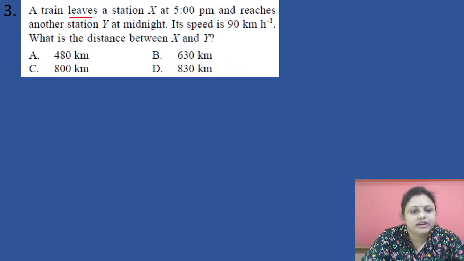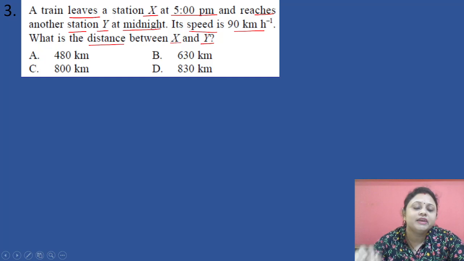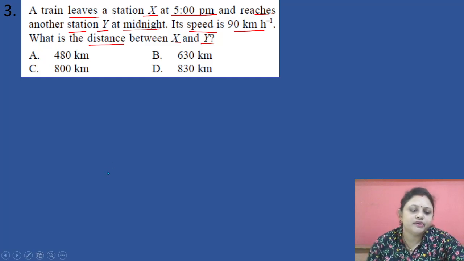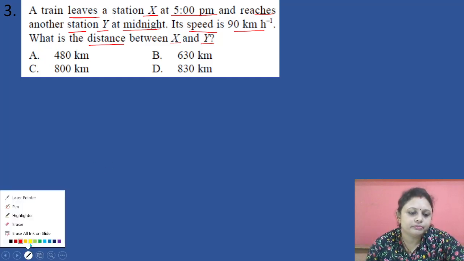A train leaves a station X at 5 p.m. and reaches another station Y at midnight. Its speed is 90 km per hour. What is the distance between X and Y? Options are A 480 km, B 630 km, C 400 km, D 830 km.